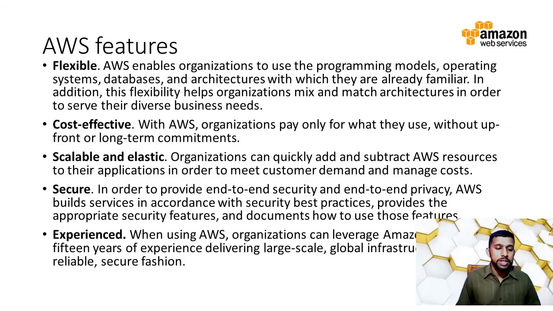The important features of Amazon Web Service: it is flexible. Amazon Web Service enables organizations to use the programming model, operating system, database, and architecture which they are familiar with. So any programming language an organization is familiar with can be used in Amazon Web Service. In addition, this flexibility helps organizations mix and match architecture to serve their diverse business needs.